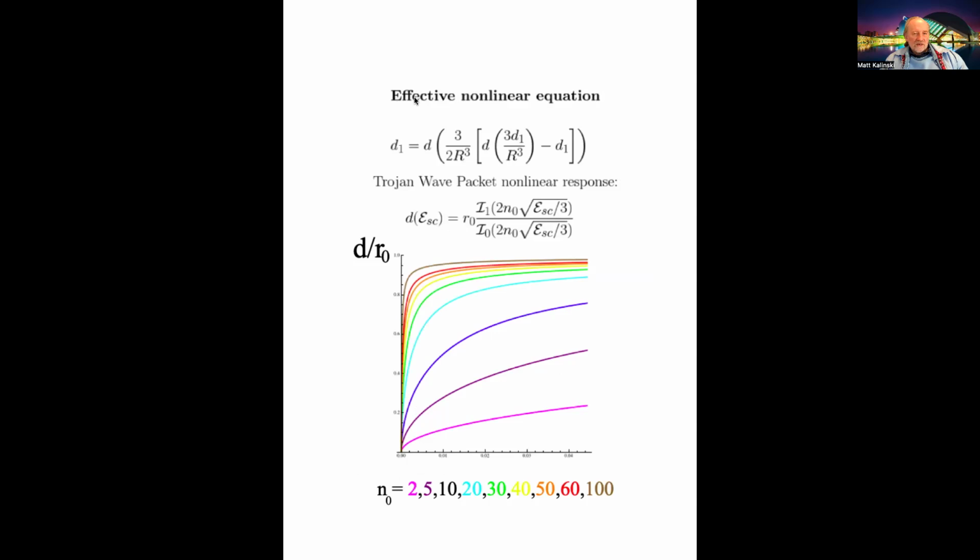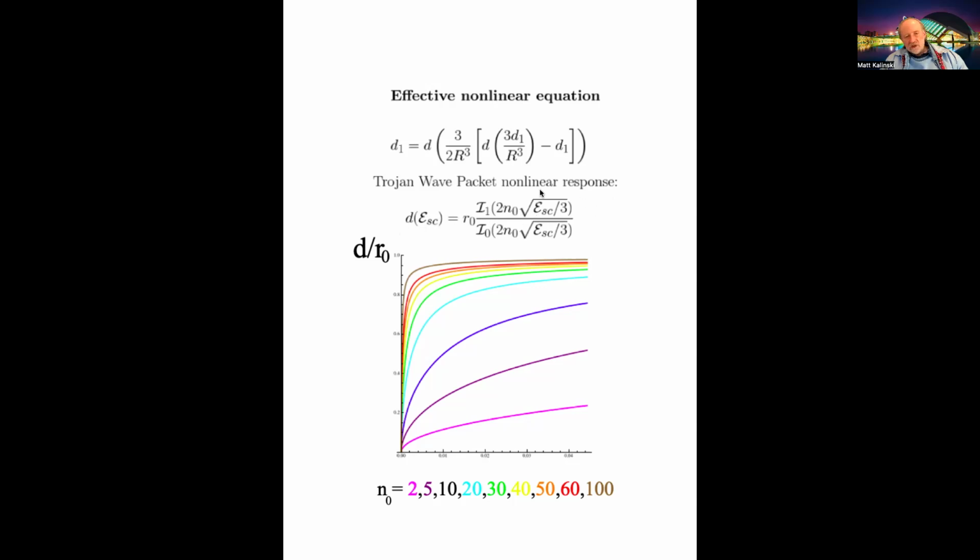Okay, and here is the effective nonlinear equation. These are special Bessel functions I1 and special Bessel functions I0. Okay, and you can get central approximations using our nonlinear theory.